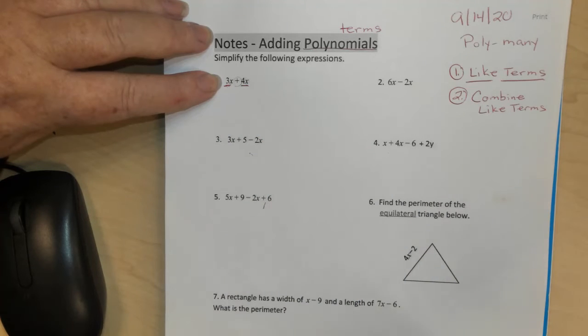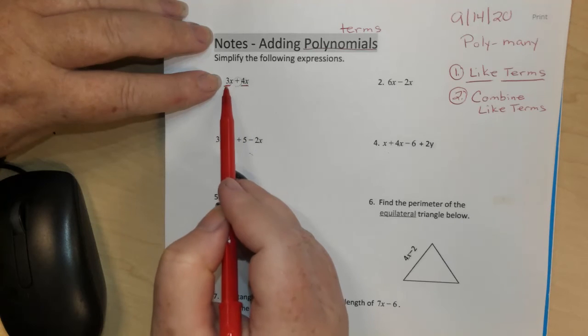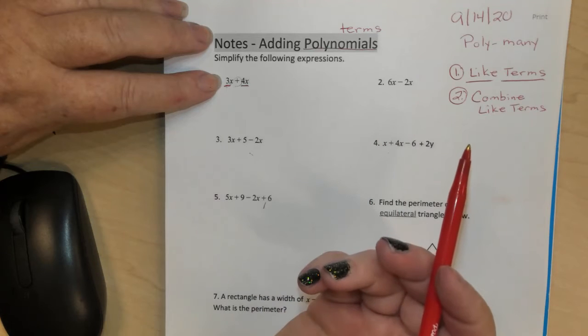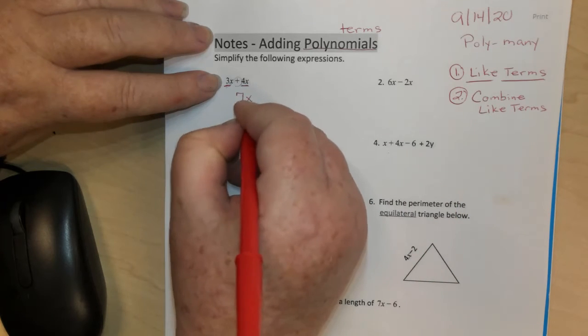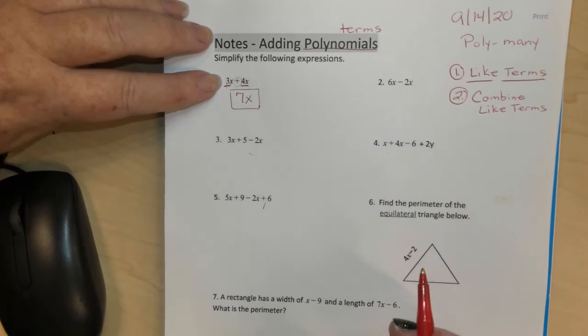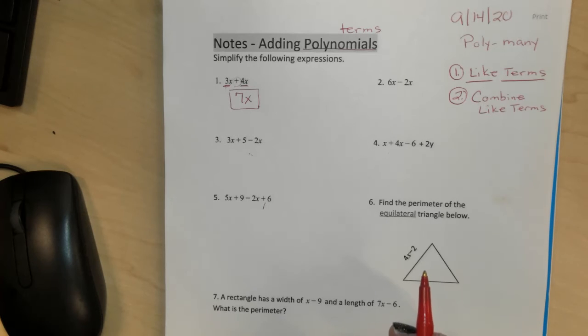So you're going to add them. You have 3x plus 4x. You have 3 apples and 4 apples. How many apples altogether? 7x. When there's nothing else left to combine, you are finished. That's it. That is as simple. That's adding polynomials.